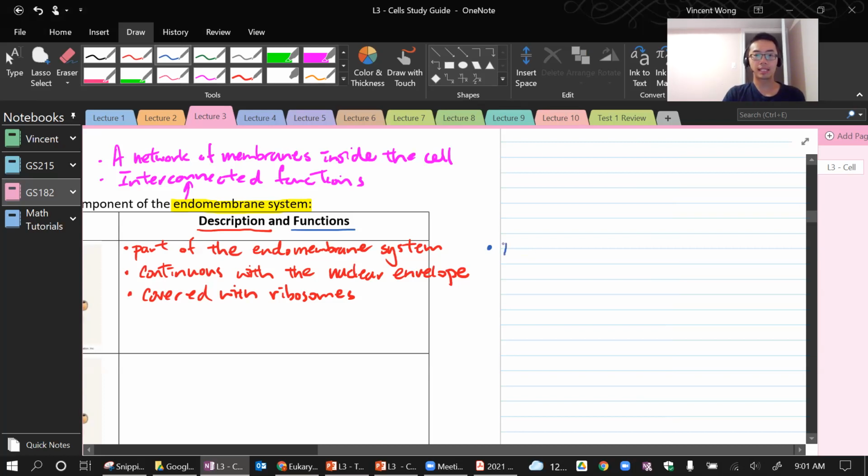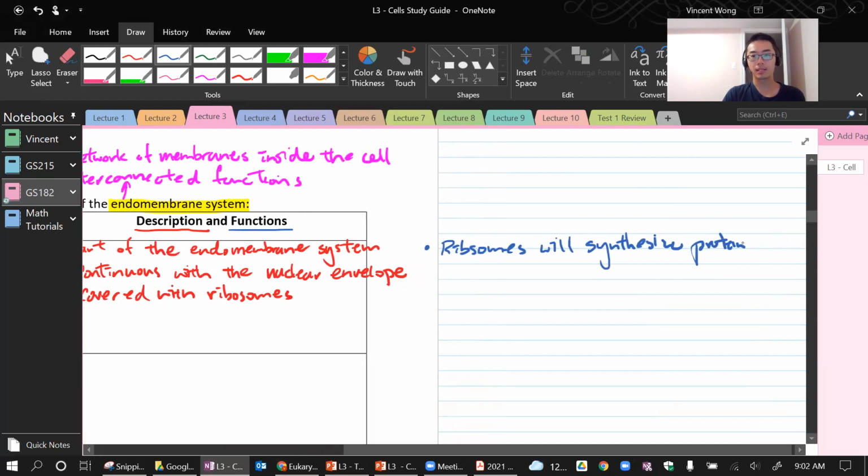The ribosomes that are found on the rough ER will synthesize proteins directly into the inside of the rough ER.